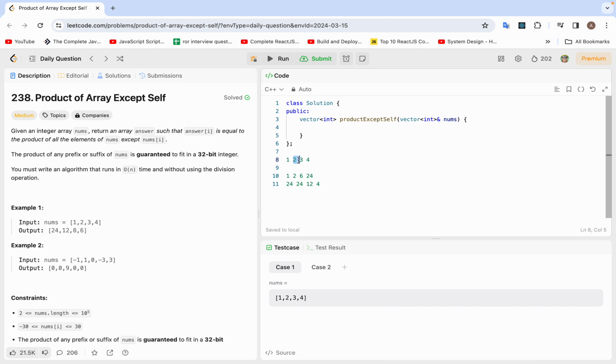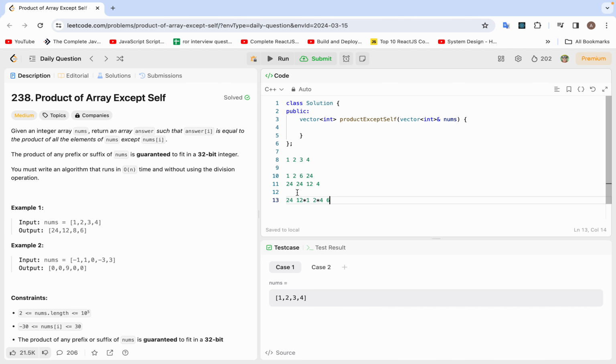Again for 2, its previous is 1 and its next is 12, so the answer will be 12 into 1, which is 12. For the third, its previous is 2 and its next suffix is 4, so 2 into 4 equals 8. For the last index, we can't see its suffix, so we see its previous, which is 6.